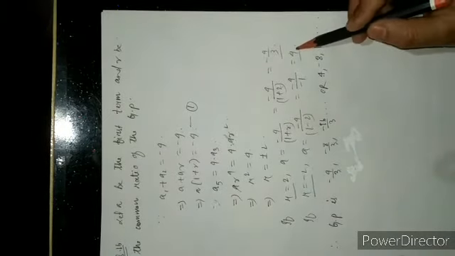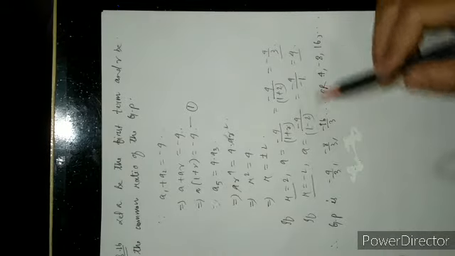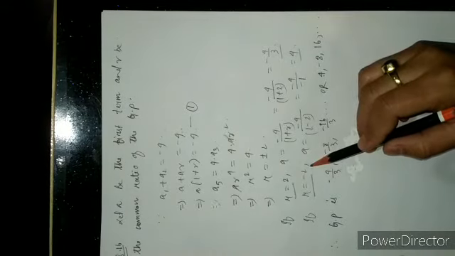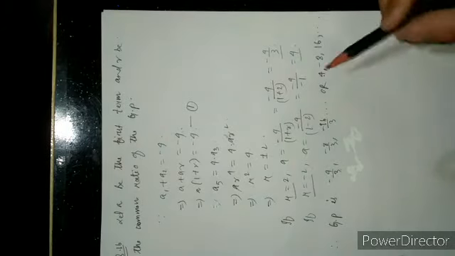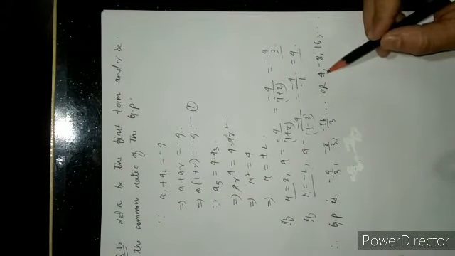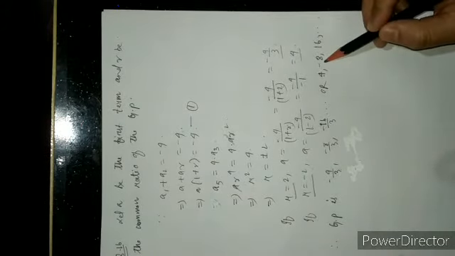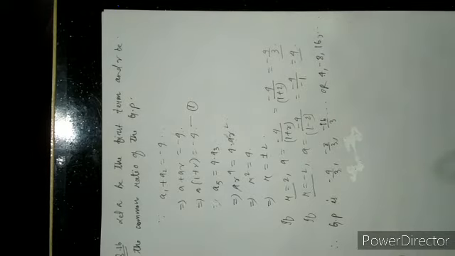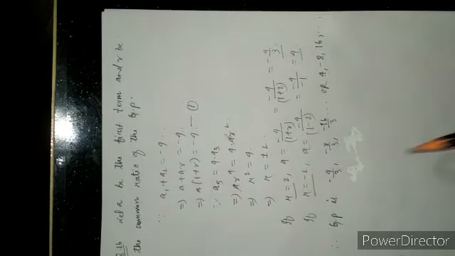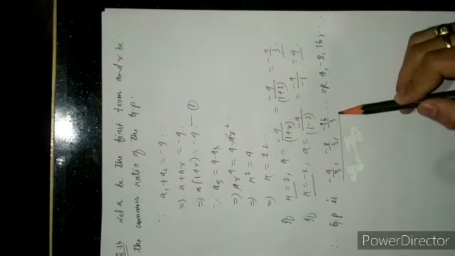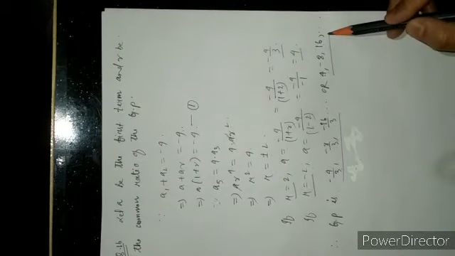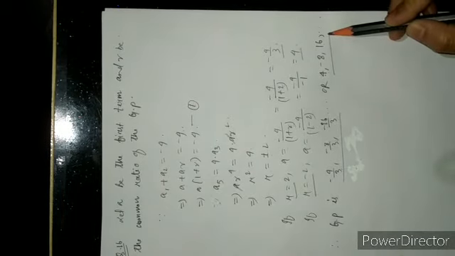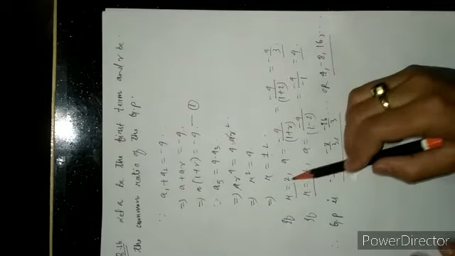Second case, if A is 4 and the common ratio R is minus 2, the terms of the GP are 4, multiplied by minus 2 gives minus 8, multiplied by minus 2 gives plus 16, and so on. So the GP for question number 16 is either first term minus 4 by 3 with common ratio 2, or first term 4 with common ratio R equal to minus 2.